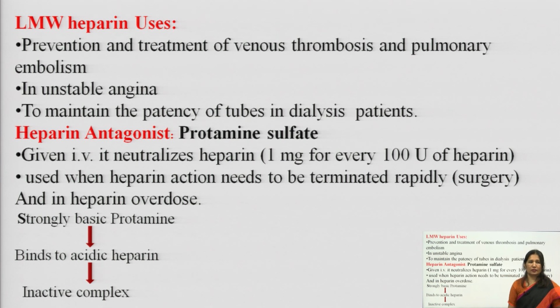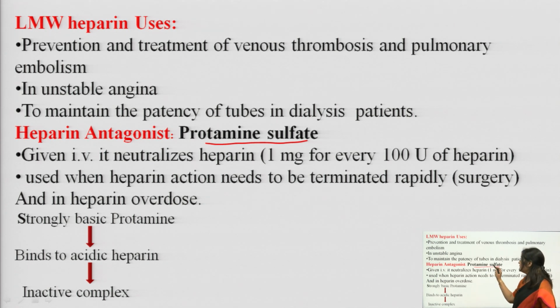Heparin antagonist. Whenever we need to stop the action of heparin rapidly, or in case of heparin overdose, we need to give a heparin antagonist, that is protamine sulfate.